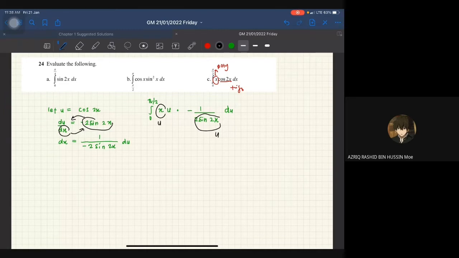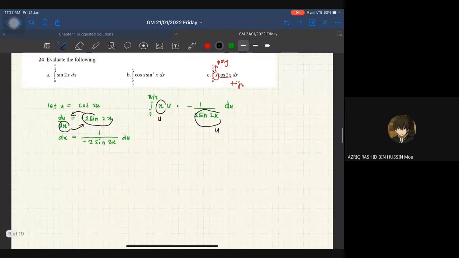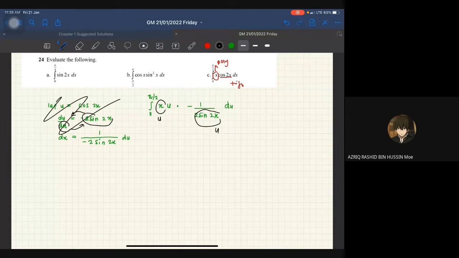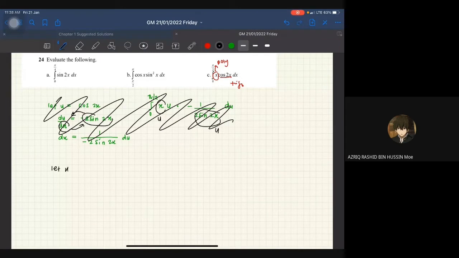So kita akan gunakan by parts. So saya tunjuk sikit je by parts. Nanti awak sambung sendiri. Okay, so kalau by parts, so kita jadikan u. This one saya cancel. So let u equal to polynomial. So log, polynomial, exponential, trigo. Trigo will be the last one. So we have x.